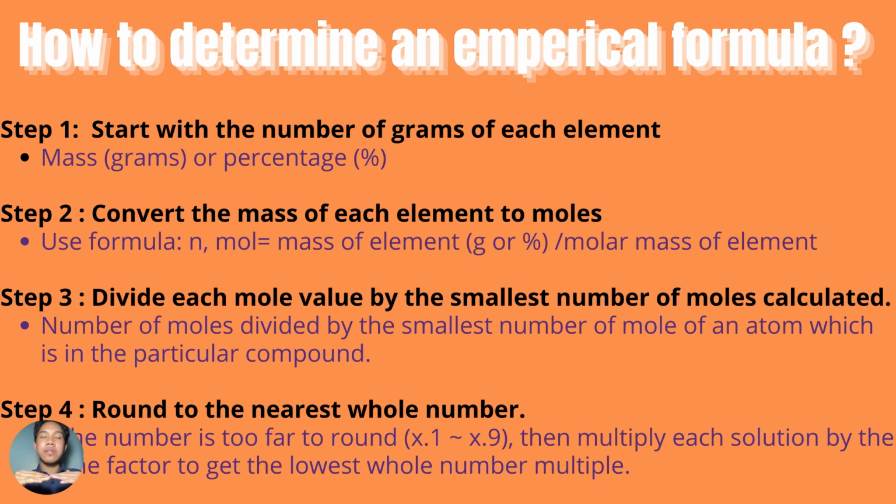For instance, in glucose, the number of moles of carbon, of hydrogen, and of oxygen, and then you must observe which atom has the smallest number of moles. You take that smallest number of moles between the three. In this example, glucose, CHO.